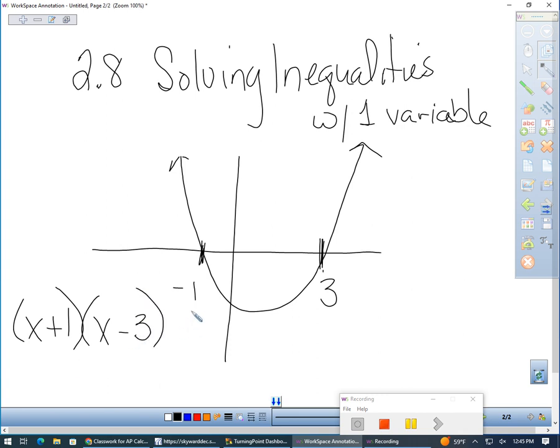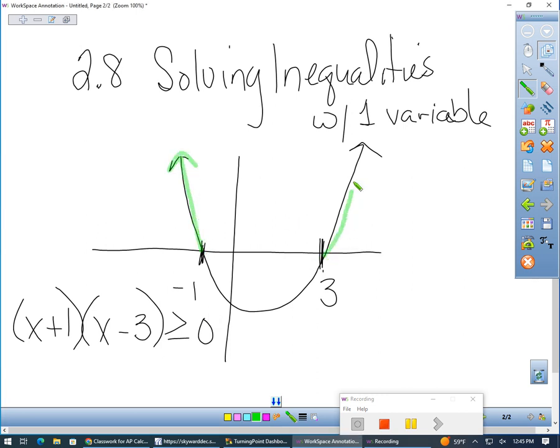And instead of it saying equals 0, we are going to say greater than or equal to 0. So now looking at this graph, if I wanted greater than 0, that's where it is in the positive world. So for this one, everything in the positive world are these 2 lines.